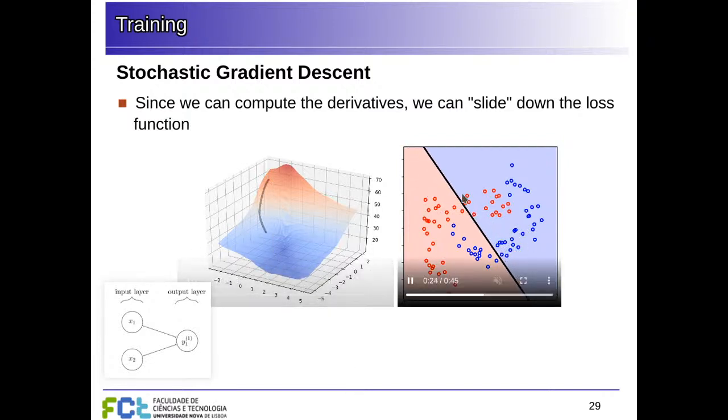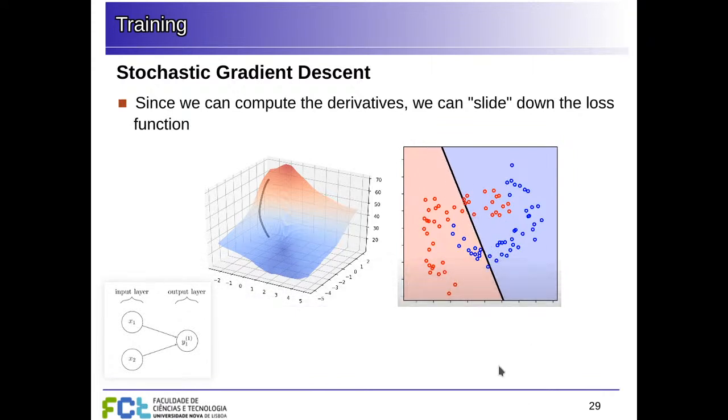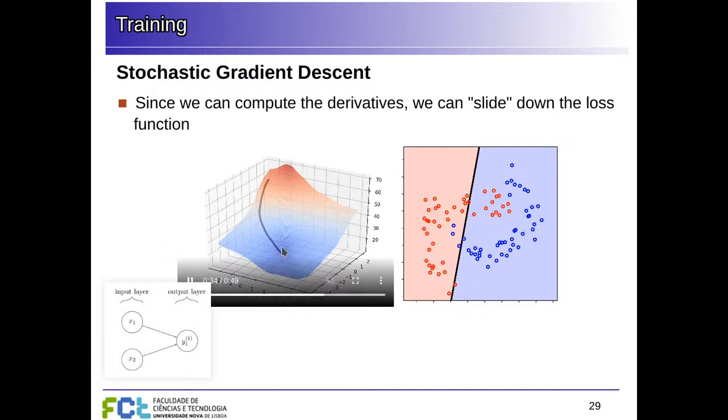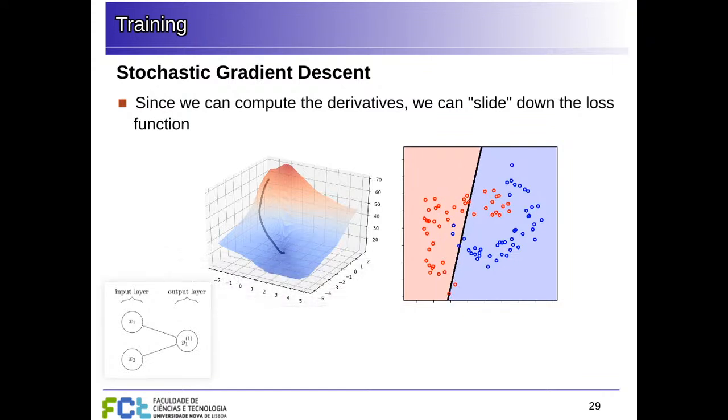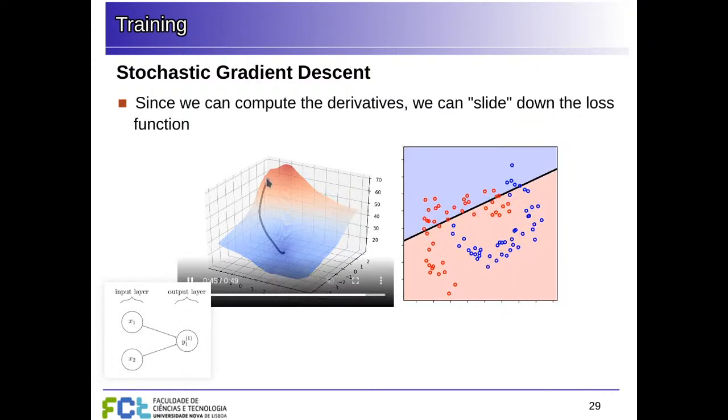And as we slide down the error function, the discriminant between the two classes will now change as these weights are changing, and we start to improve the classification. That is, we start to minimize the error. And this is stochastic gradient descent because at each point here we are presenting our examples in random order, and we are using the examples to estimate the gradient of the error function.